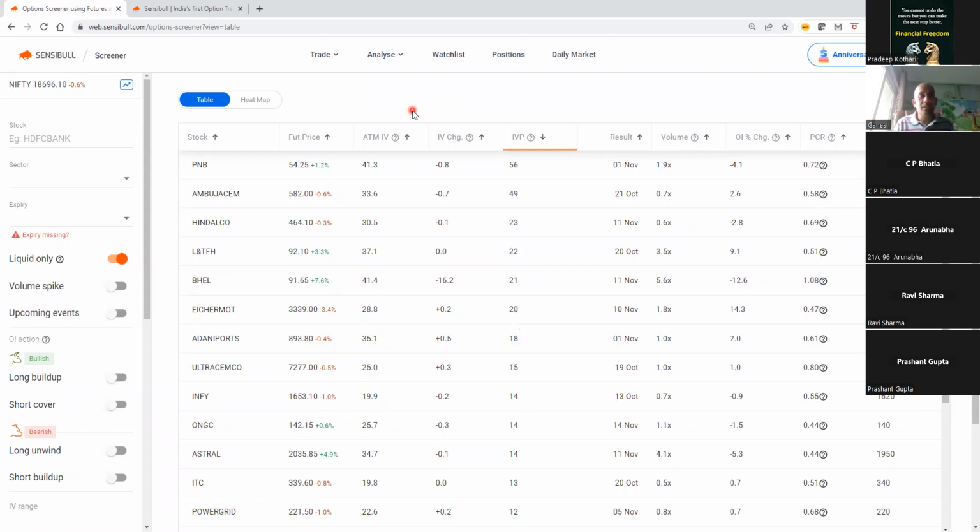Definitely it will be traded at a higher premium, so the buyer will give you a high rate. We don't know whether the stock goes up 5% or down 5%. That uncertainty is there, so the buyer would definitely pay a high price, and the seller will take the risk.